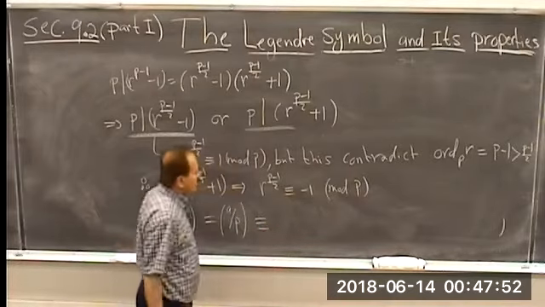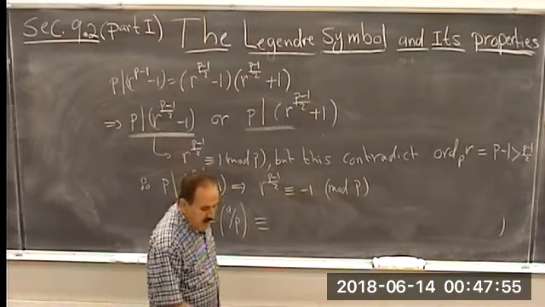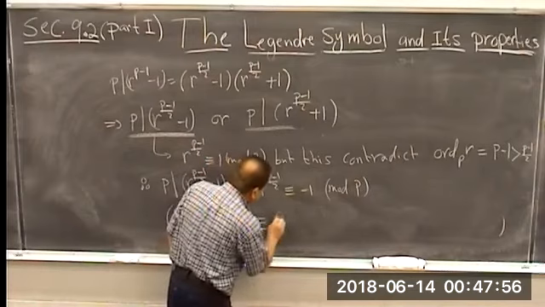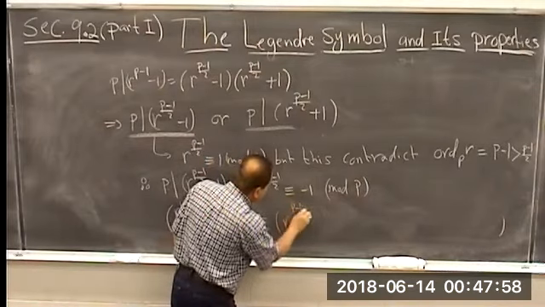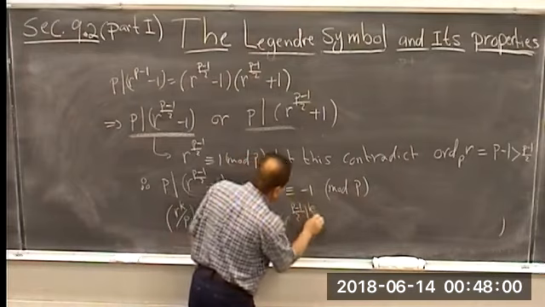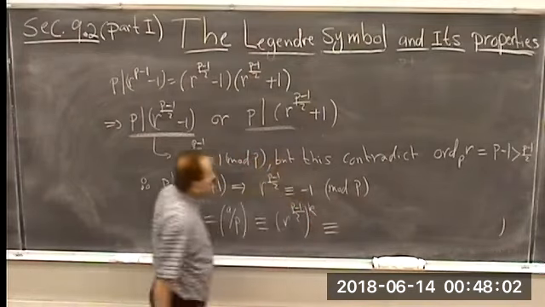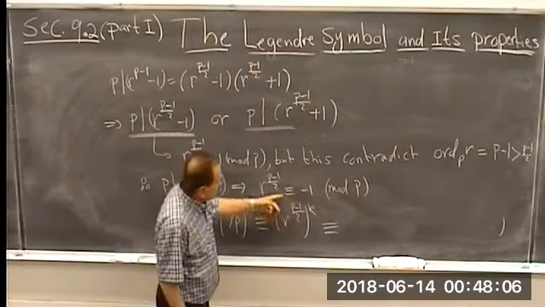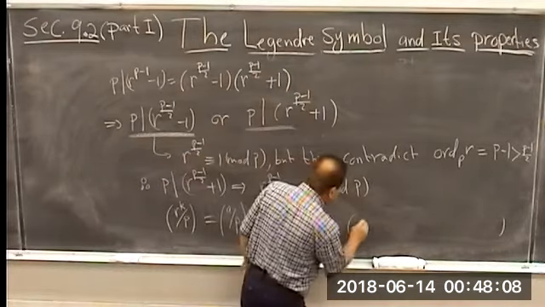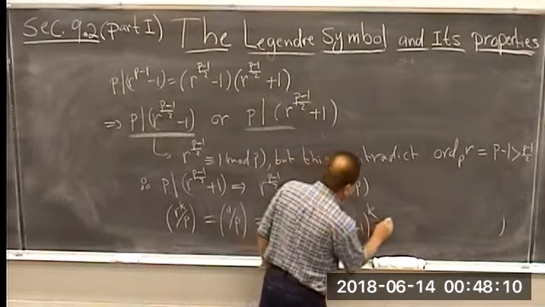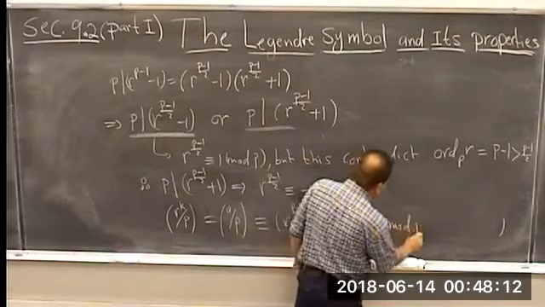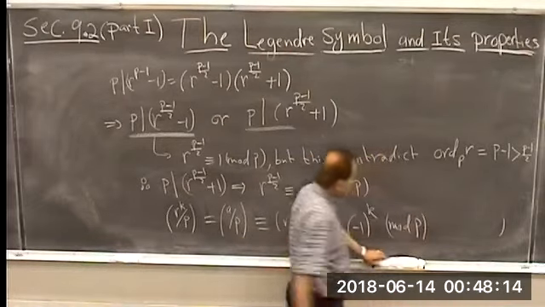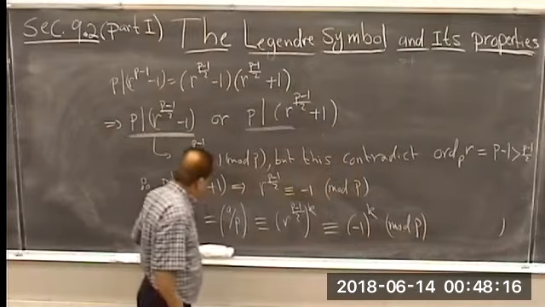And this is congruent to R to the (P minus 1) over 2, to the K. But now R to the power (P minus 1) over 2 is congruent to negative 1, to the K, mod P.